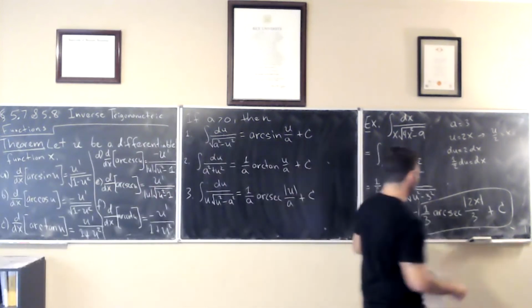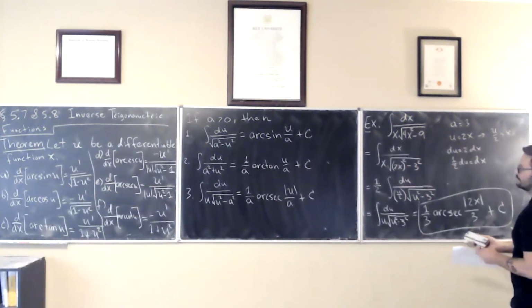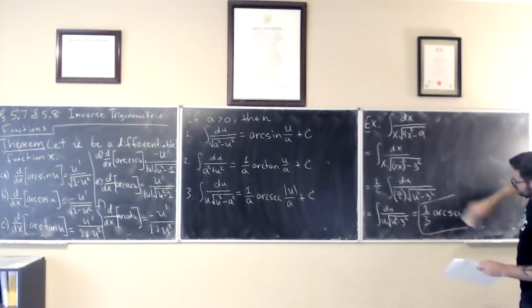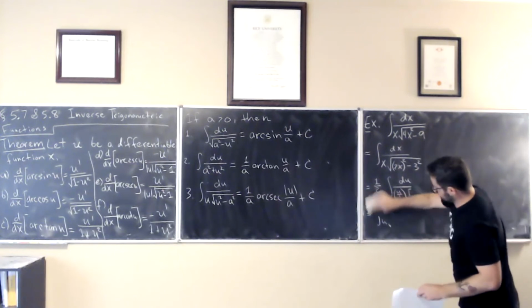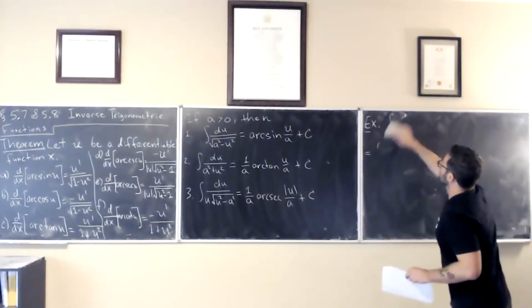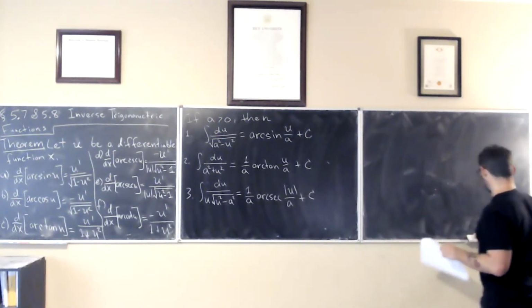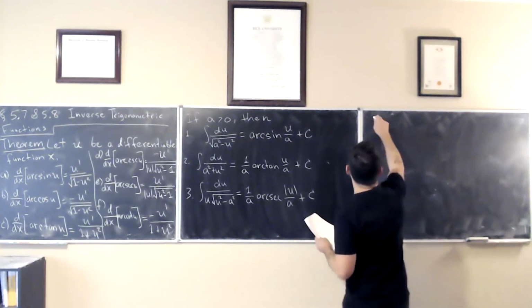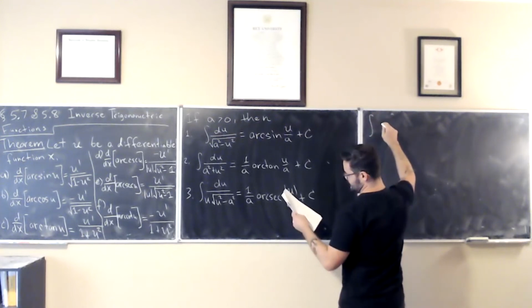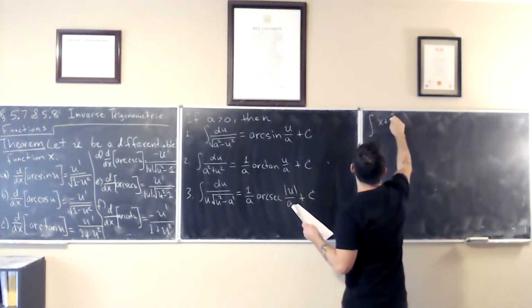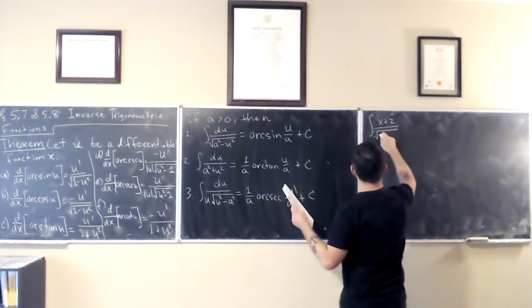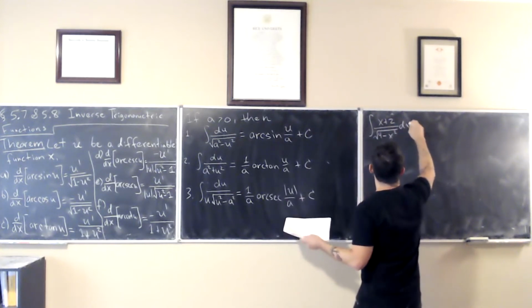Maybe one more, 2 more, maybe. All right, so here we have the integral of x plus 2 all over root 4 minus x squared dx.